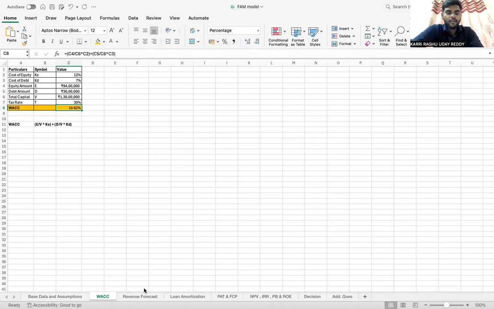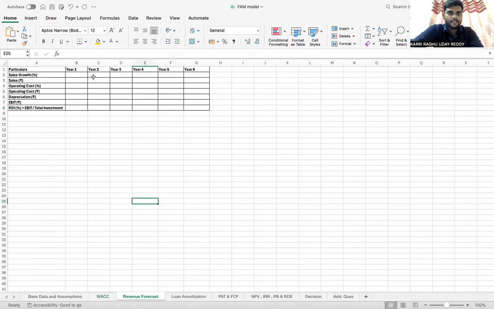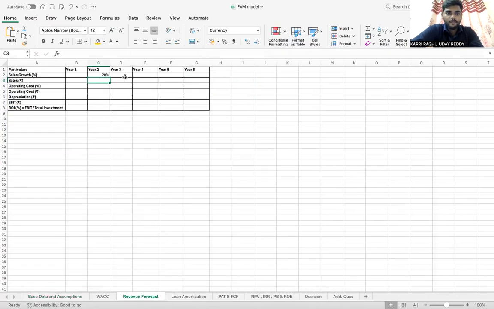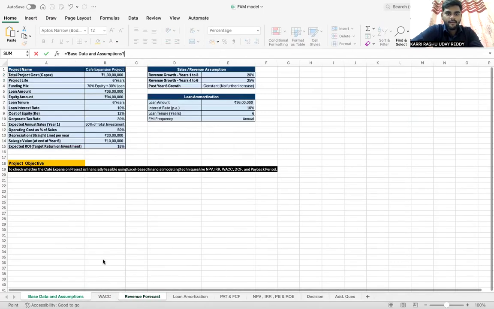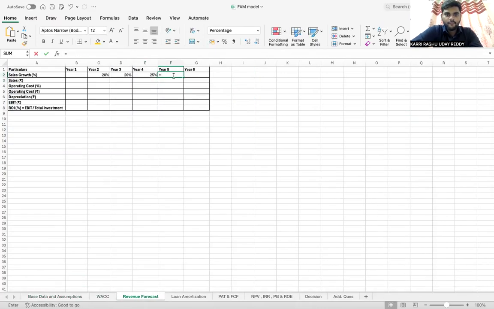Now let us proceed to the revenue forecast. As mentioned in assumptions, in year one there will be no growth, and in year two it is 20%, and year three will be the same 20%, and for year four to year six it is given as 25%. So year five 25% and year six 25%.